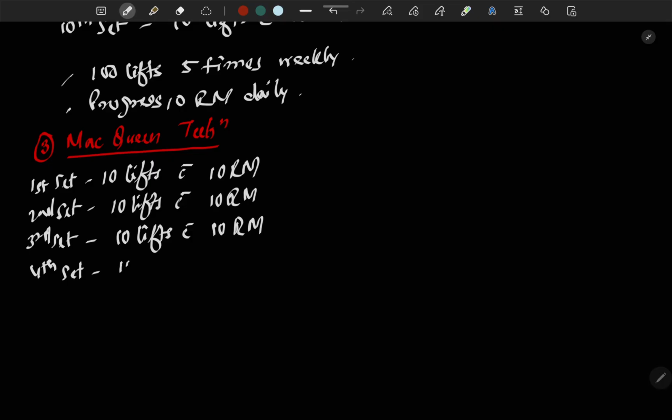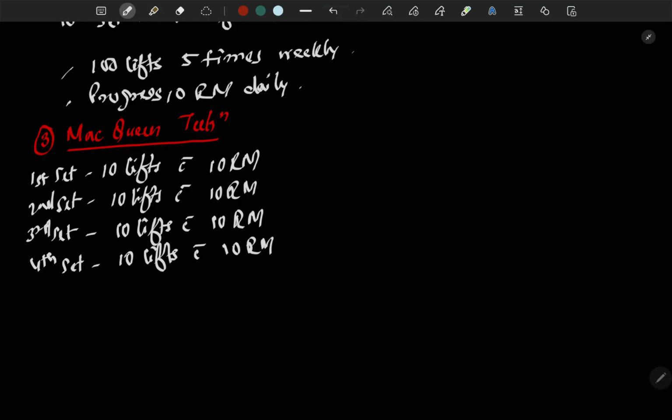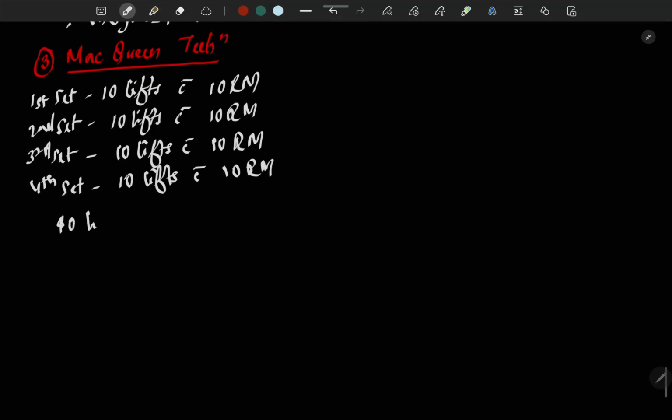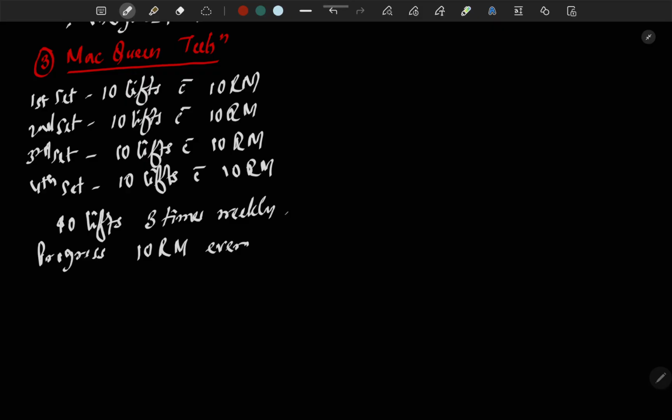Fourth set is again 10 lifts with 10 RM. The total 40 lifts, 3 times weekly is required for the progressive resistance exercise, and progress 10 RM every 1 to 2 weeks. Okay, so these are the techniques, and here the resisted exercise ends.